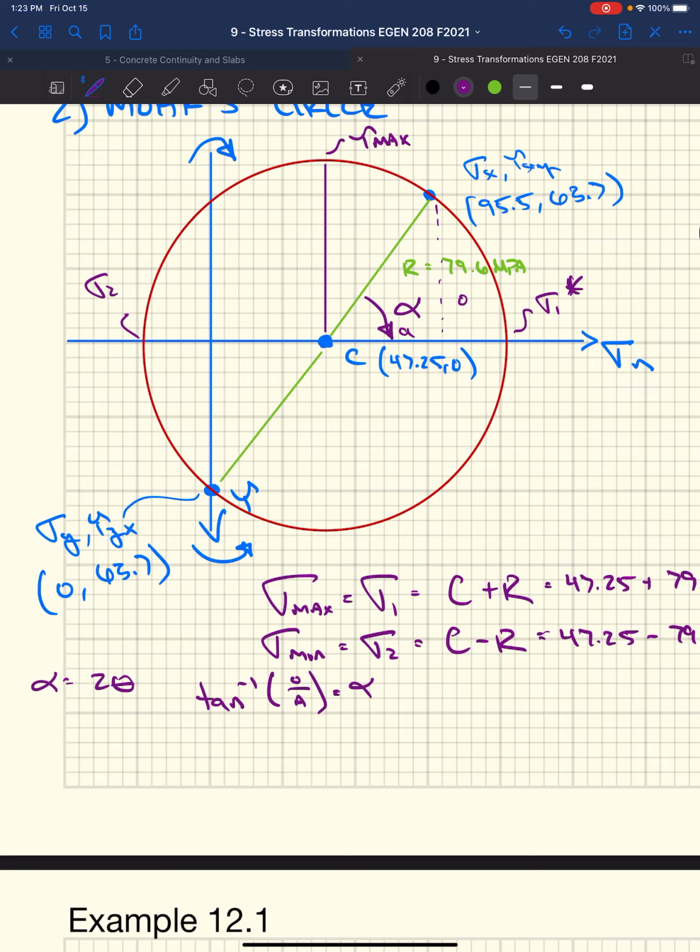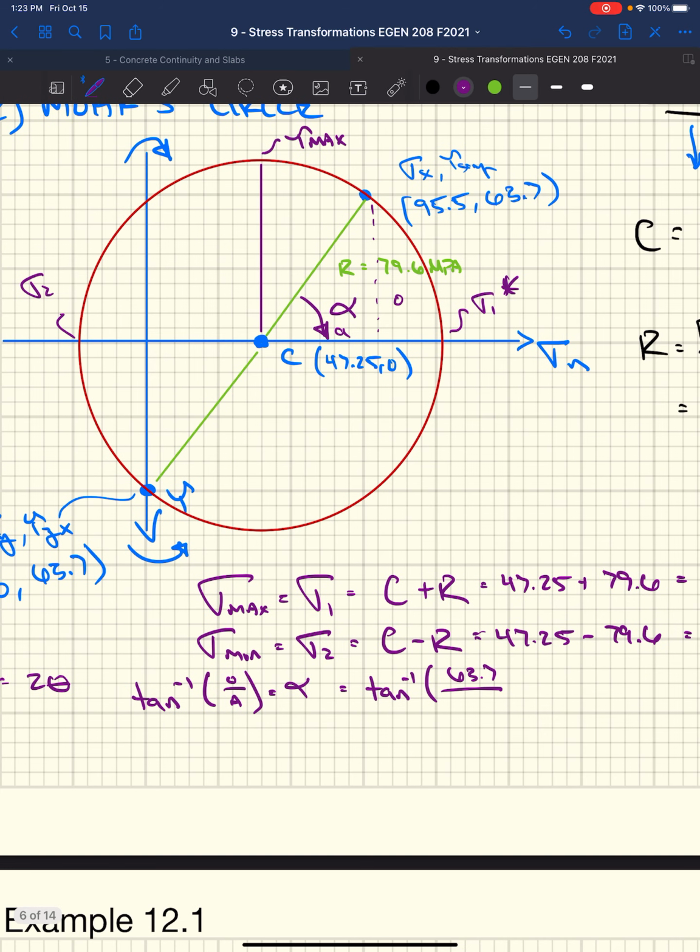Well, we know the opposite and adjacent. That's essentially what the coordinates of our first stress state point were, sigma x and tau xy. So we can just plug these in. We'll say inverse tangent of negative 63.7. That's our opposite, that was our shear stress at the beginning we calculated, over our adjacent value.